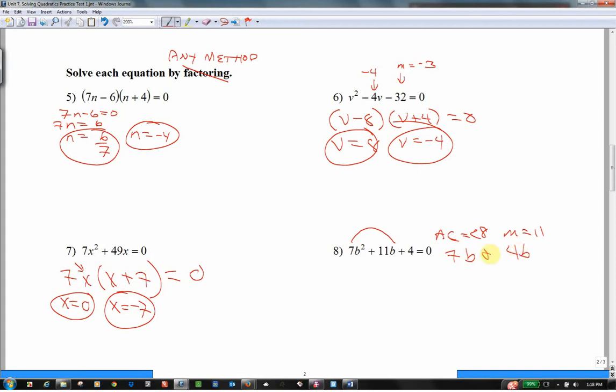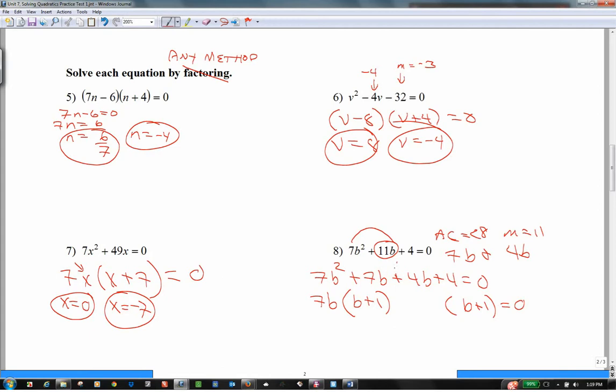So that would be replacing the 11b with the 7b and the 4b. I get 7b squared plus 7b plus 4b plus 4 equal to 0. Factoring a 7b out of the first half, I get b plus 1. That means I need to have a b plus 1 on the other part.